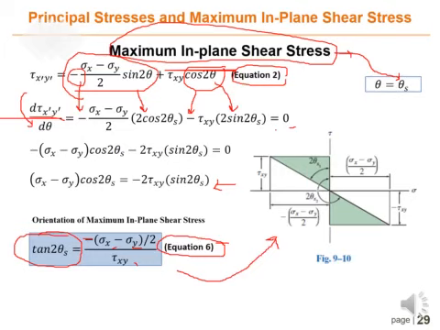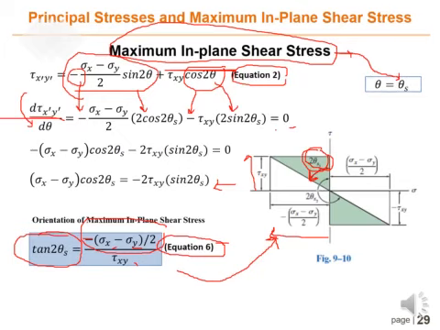Now we have negative sigma x minus sigma y over 2, and this is tau xy. So the angle from the tau axis to this inclined plane is 2 theta s1, same as in the principal plane.